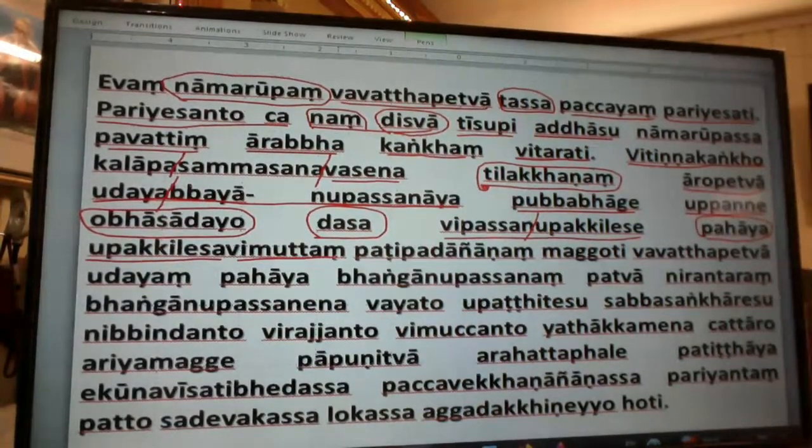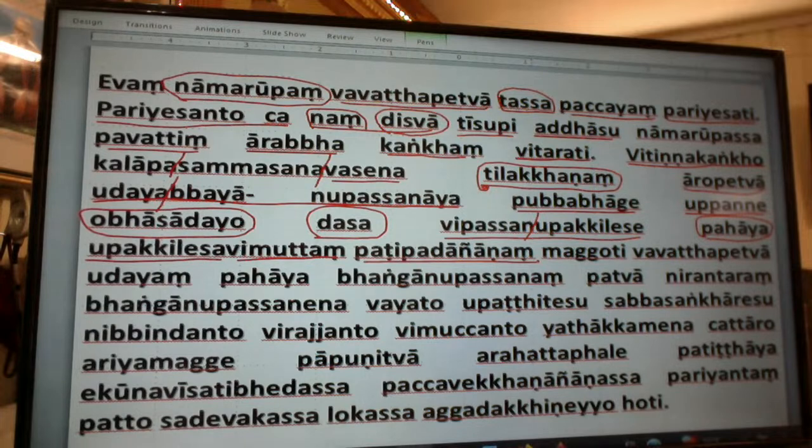Vimodana is to be free from the impurities of insight wisdom. Then Paṭisaṅkhāñāṇa. Ñāṇa is wisdom. It is a kind of level of insight wisdom.